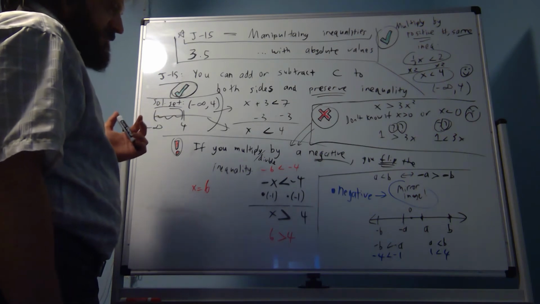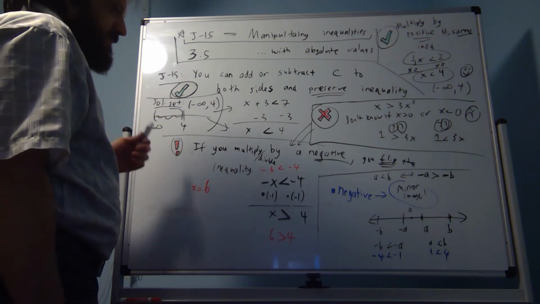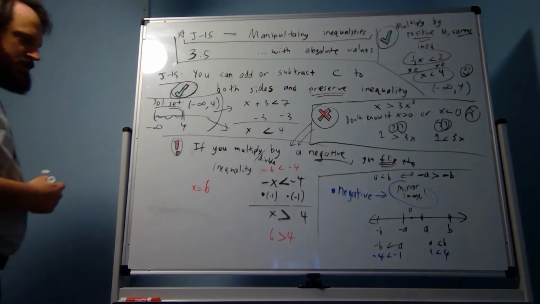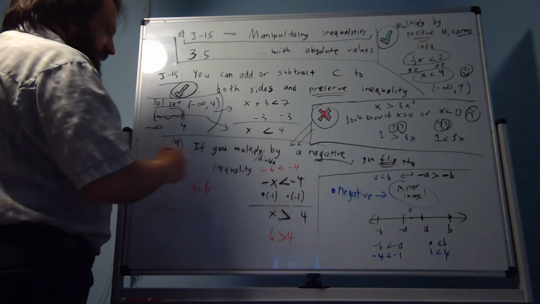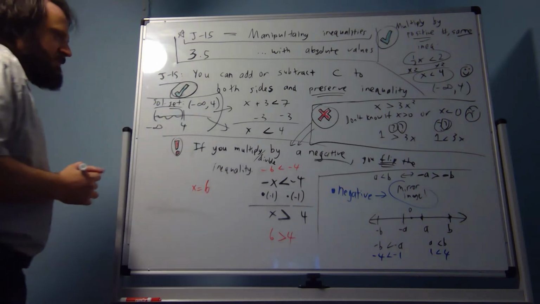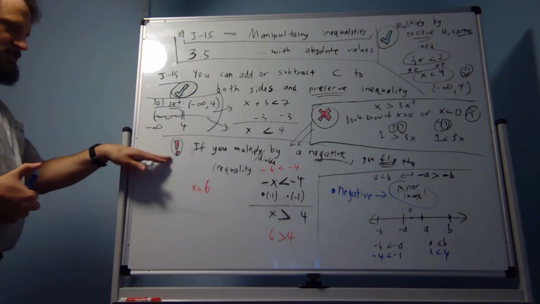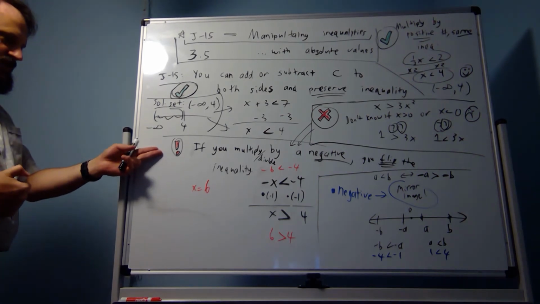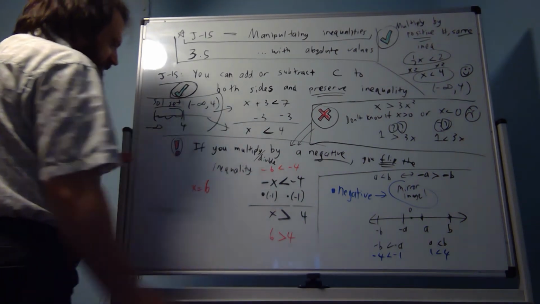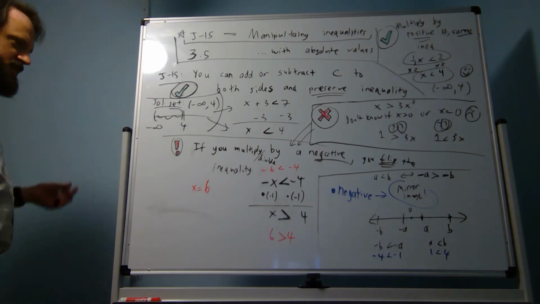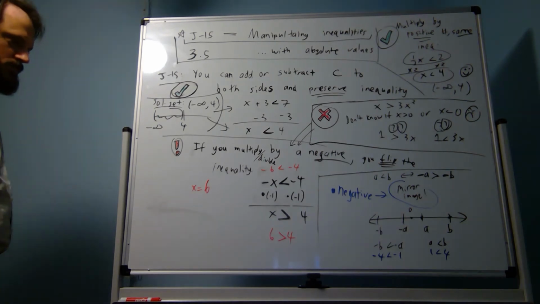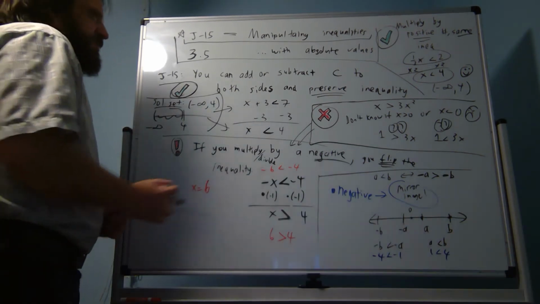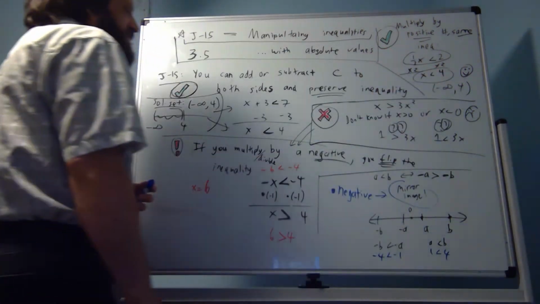So 10 is bigger than 1, but -10 is less than -1. Just flip the inequality when you multiply by a negative. So that's warning point number 1. This is like a caution thing. Sometimes it's the right thing to do, and you just have to remember one thing. It's really easy to forget if you haven't done it in a long time. Multiply by a negative, you flip the inequality. Multiply by a positive, you don't flip the inequality.